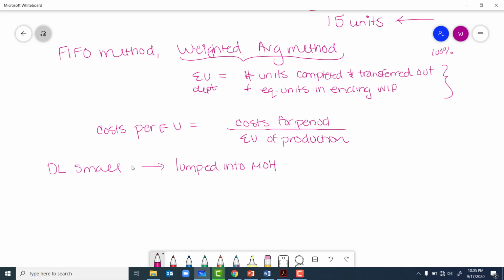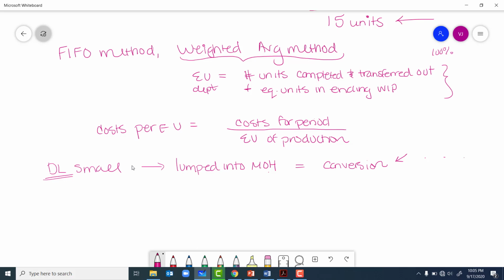And if you recall, when you add direct labor to manufacturing overhead, that gives us conversion costs. So when we work with that template in a moment, you'll see conversion cost, which refers to overhead and direct labor all taken together, as opposed to having 3 separate categories there, just because of the size of direct labor normally in proportion to the other 2.